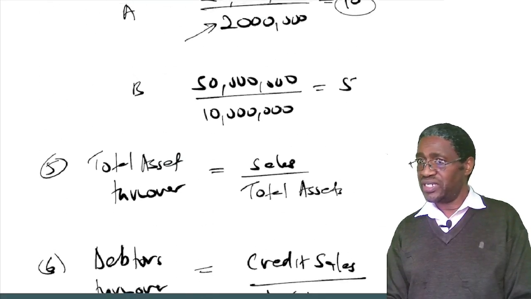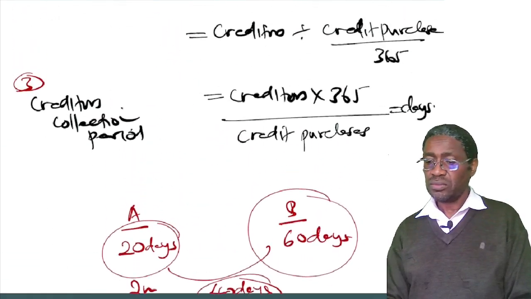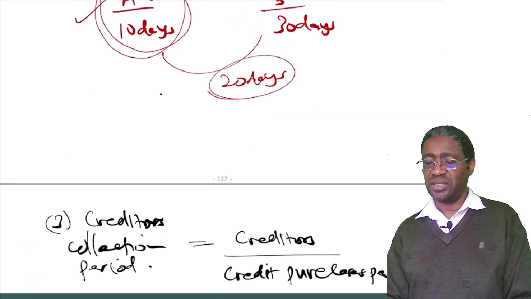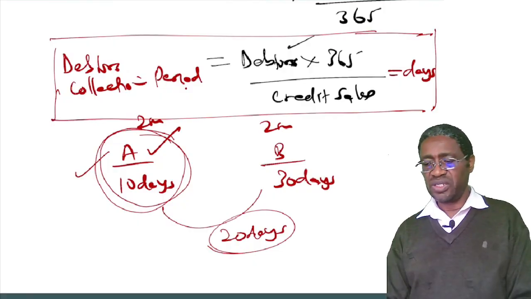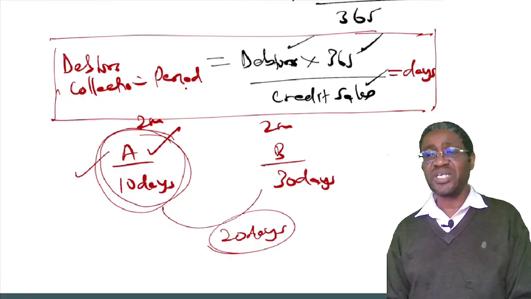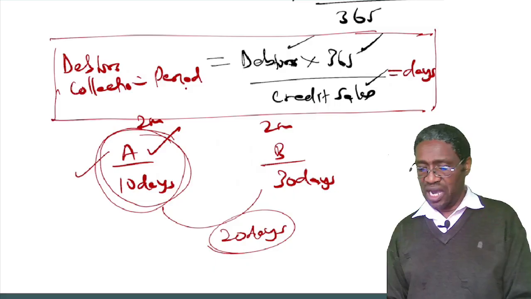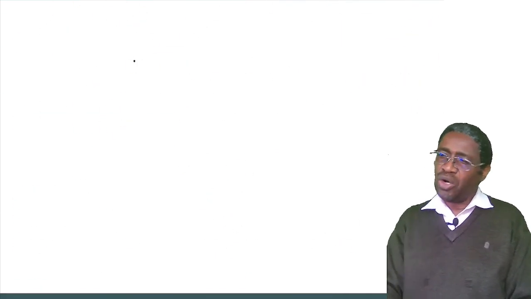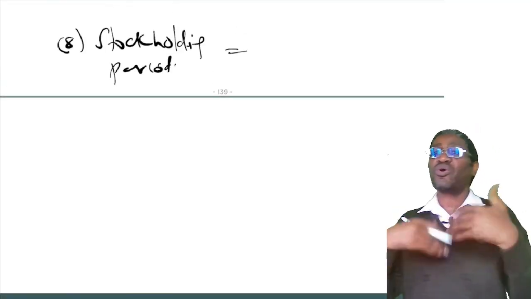When we were calculating debtors turnover, I gave you the final formula here. I said it is debtors times 365, you now divide by credit sales. Now, when you are calculating stock holding period, how long does it take you to hold that stock before it's converted?